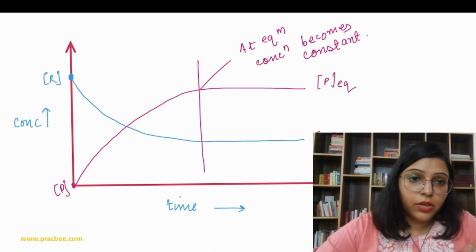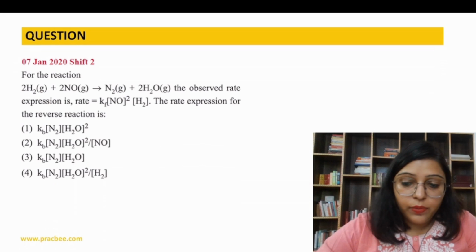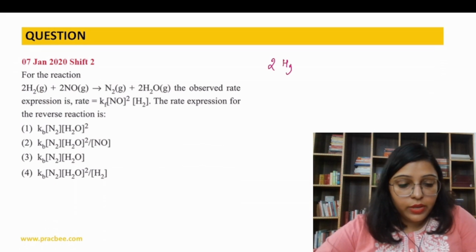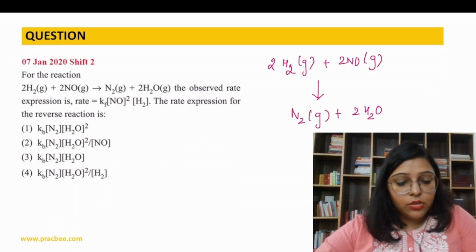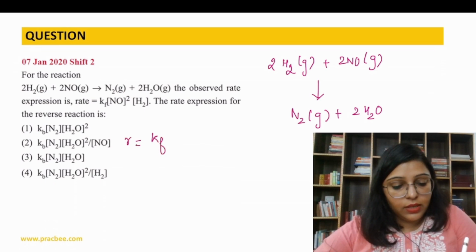Okay, so we have this concept, right? So questions are going to come on the basis of this concept. So let's do question number 1. Question number 1 says, for the reaction 2H2 gas plus 2NO gas gives N2 gas and 2H2O gas, the observed rate expression is given as Kf [NO] to the power 2 and [H2].